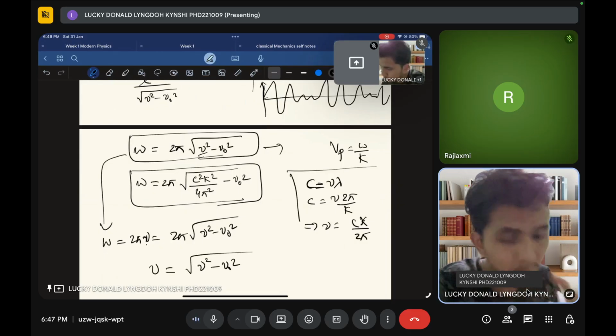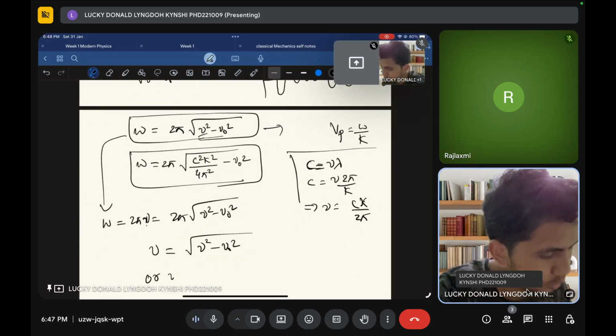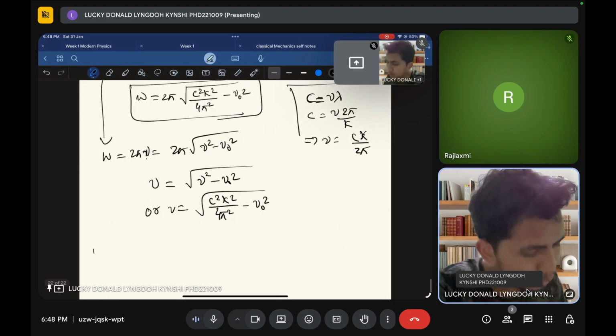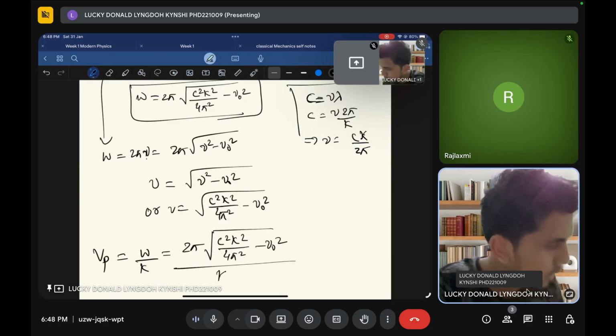You can equate these to get an idea of your mu, or your mu is equal to root of c square k square by 4 pi square minus mu naught square. Now we go to the next case. We get phase velocity equal to omega by k. Omega you already know: 2 pi root of c square k square by 4 pi square minus mu naught square. You have to divide this equation by k.